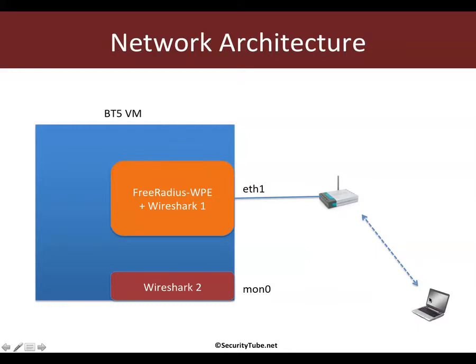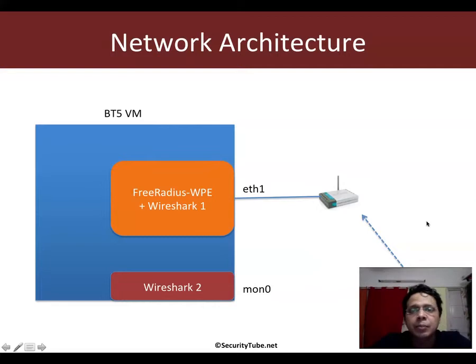Now the client software is basically the Mac OS system which I am on currently. So I would use the host operating system to simulate the client, and I would use the guest, which is the BackTrack 5 VM, to have the FreeRADIUS server and also to monitor the air, right? So hope this is clear.